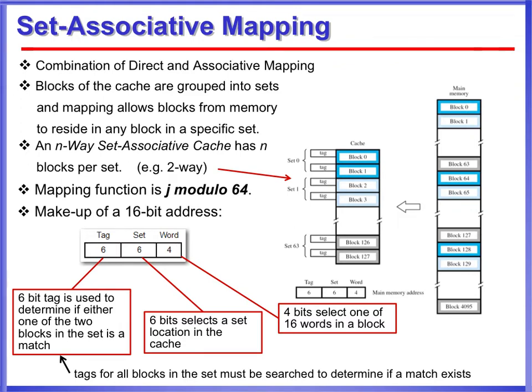So again, there are only certain positions in cache where a particular block in main memory will be mapped to, like in direct. But like associative, there's more choice. In this particular example, and this is just an example, in the direct method, there's only one position where a particular block from main memory can be copied into cache.